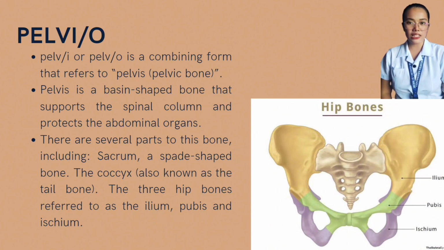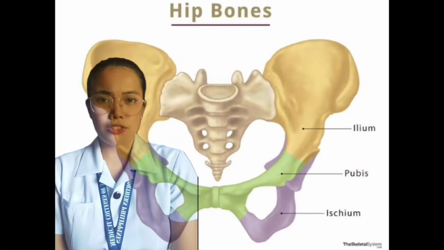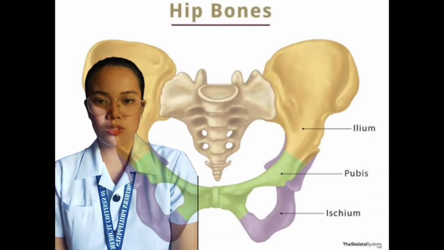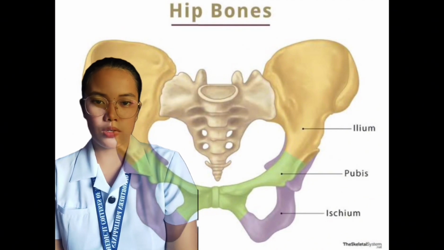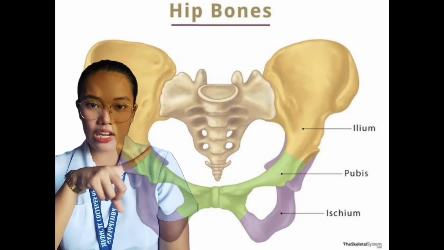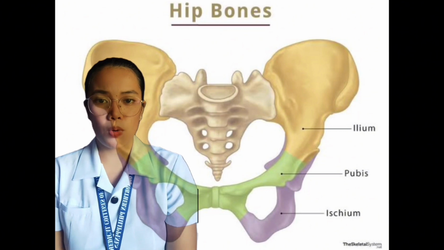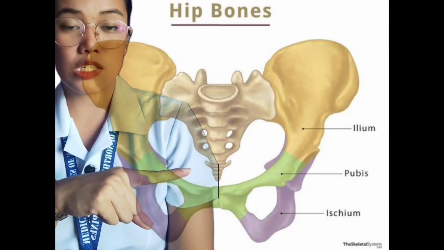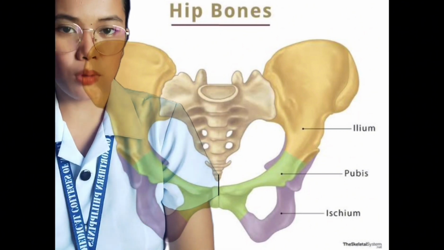It is defined as the middle part of the human body between the lumbar region of the abdomen superiorly and thighs inferiorly. There are several parts to this bone that were discussed to us a while ago, and it is the sacrum, a spade-shaped bone, and the coccyx, that is also known as the tailbone.